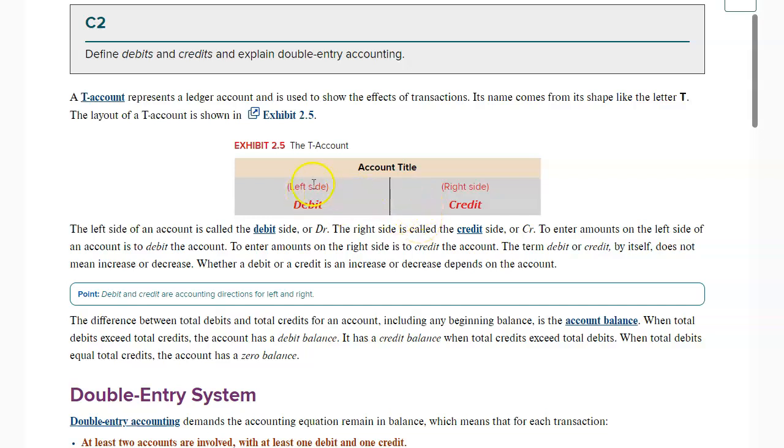Assets will always have a balance on the left, liabilities always on the right, and revenues and common stock will always be on the right. Dividends and expenses will be on the left, even though they're on the right side of the equation.